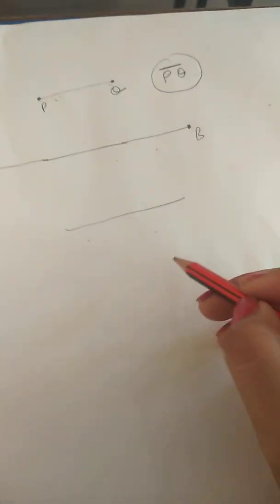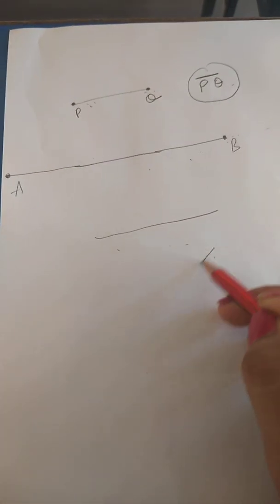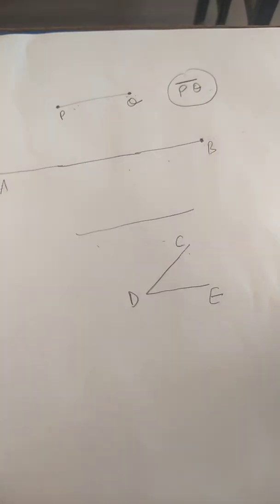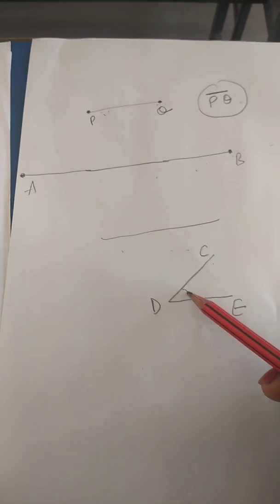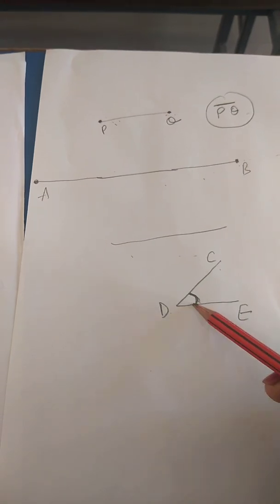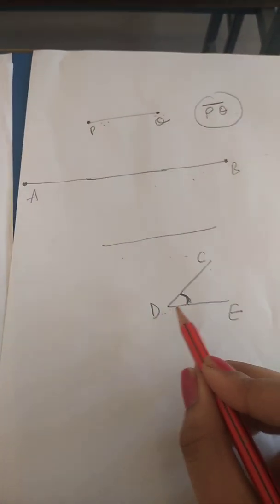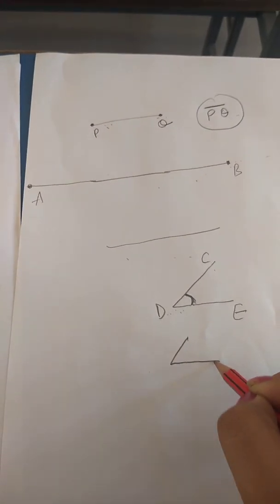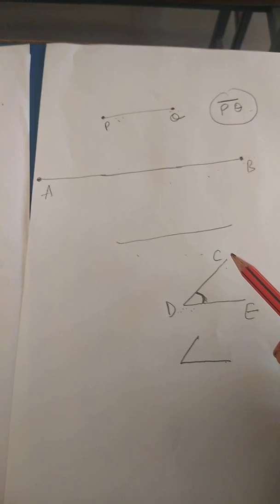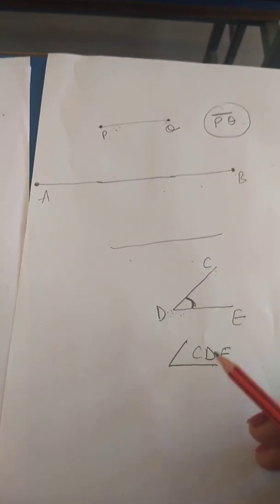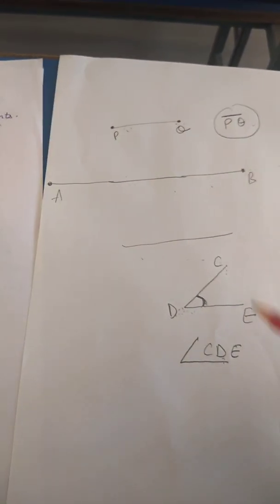Now again, if you have this angle CDE, and you have to find this angle, how can you write angle D? You can write angle D as, this is the symbol, and you can write D as CDE. That means you will consider D always in between the two points.